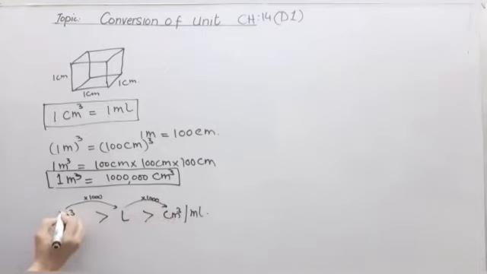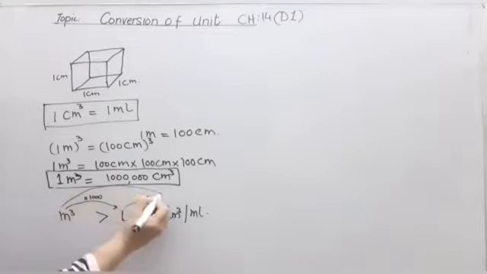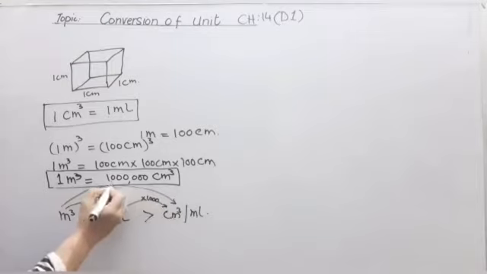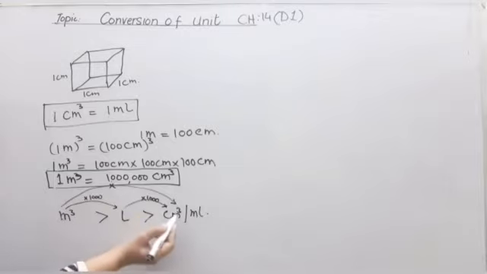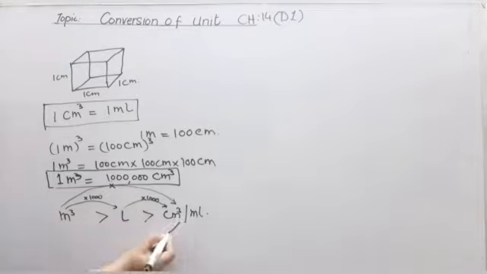Now if I want to convert cubic meter into cubic centimeter, then I multiply with 1 million. For the reverse, cubic centimeter converted into liter, I just divide by 1000.